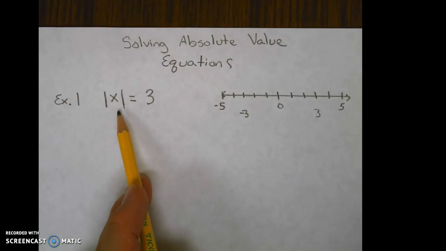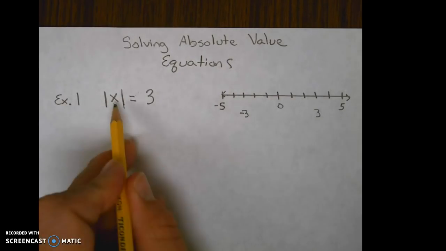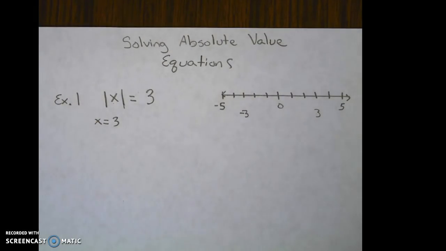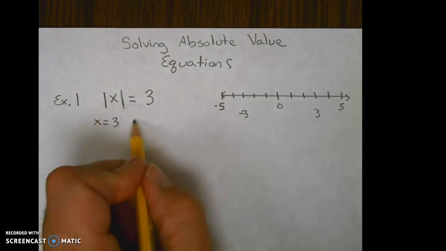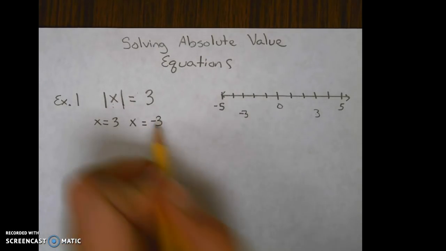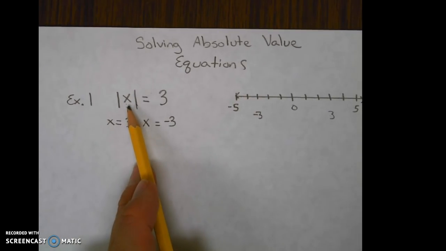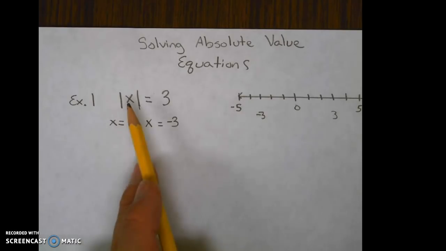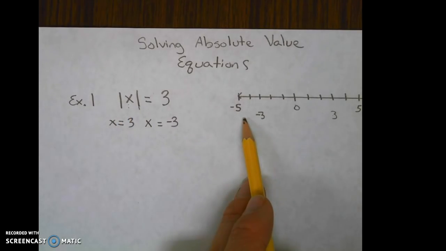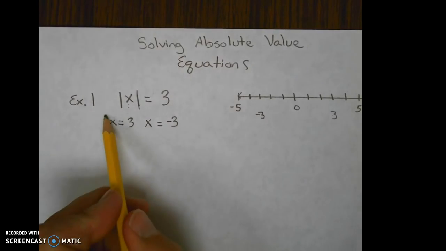So x could be 3, or x could be negative 3. So for absolute value, most of the time there's going to be 2 answers to your equation. In this case, 3 and negative 3.